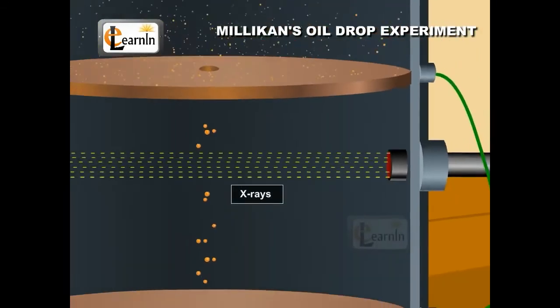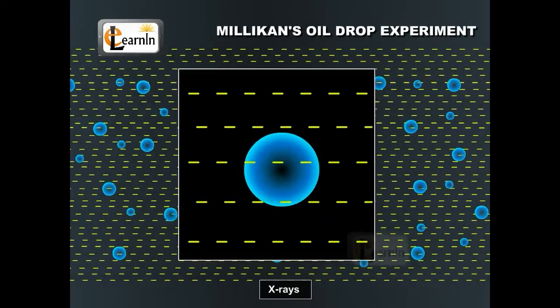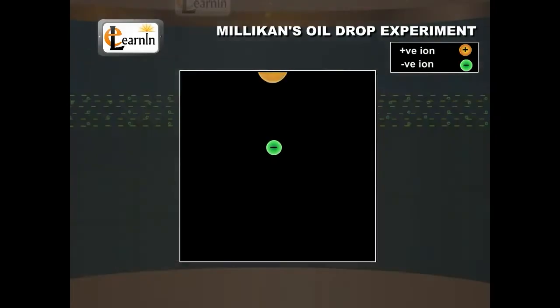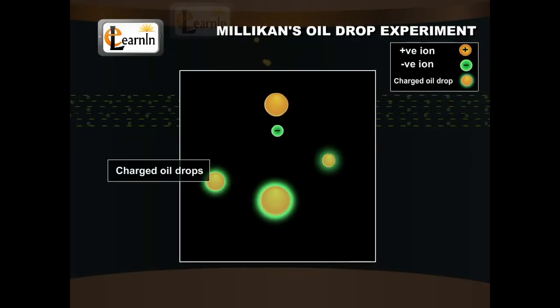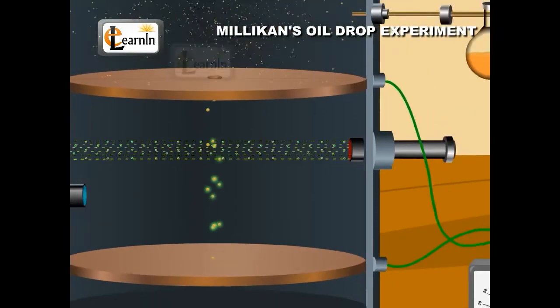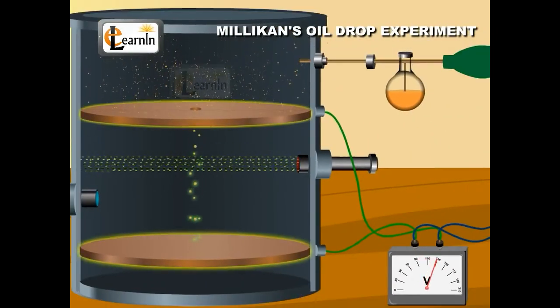X-rays were passed through the chamber to ionize the air inside. On colliding with gaseous ions, these oil droplets acquire charge. The rate at which these droplets fall can be controlled by changing the strength of applied voltage to the plate.